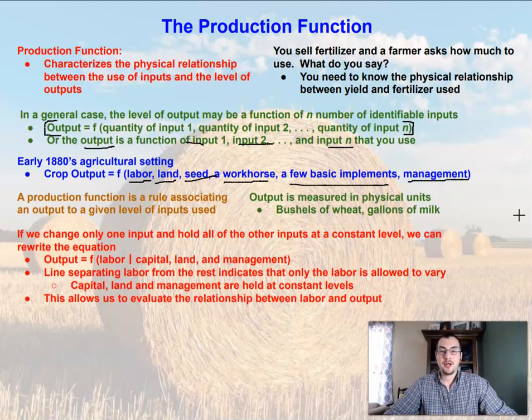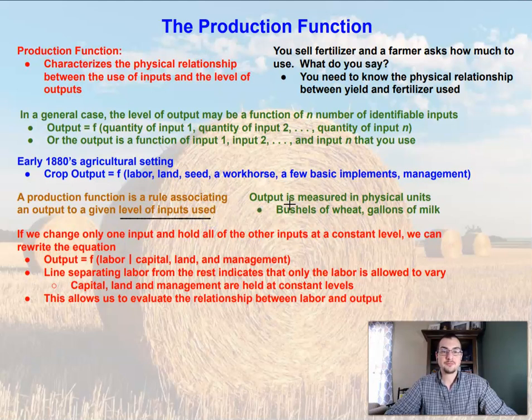So a production function is a rule associating an output with a given level of inputs used. There's a rule associating that level of output with the amount of inputs that are going to be used. Another thing we must know is that output is measured in physical units. Output of wheat is measured in bushels.